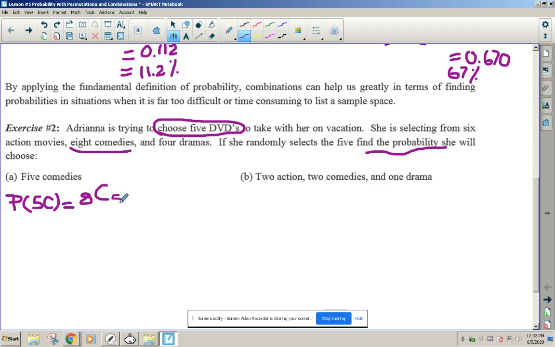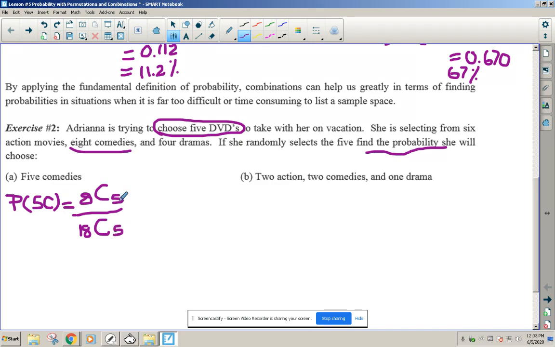So that was what she wanted. Remember, this is what you want. But what does she have? Well, she has 6 action, 8 comedies, and 4 dramas. She has a total of 18 DVDs in her house. And from those 18 DVDs, she is going to choose 5.